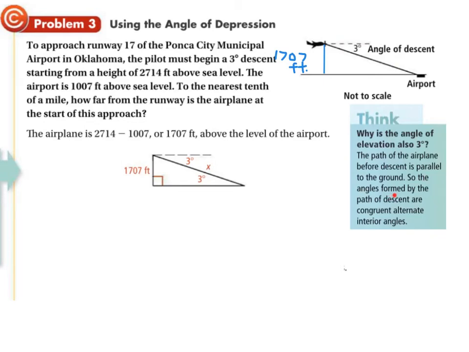So the angles formed by the path of descent are congruent alternate interior angles. If this is 3 degrees, this is also 3 degrees. So I'm going to fill that in as well. 3 degrees.